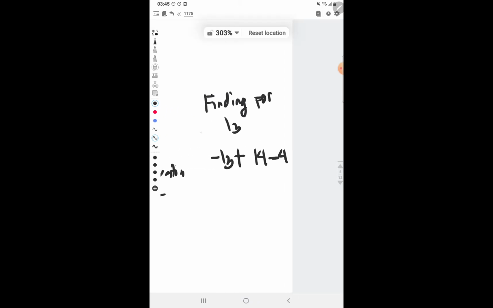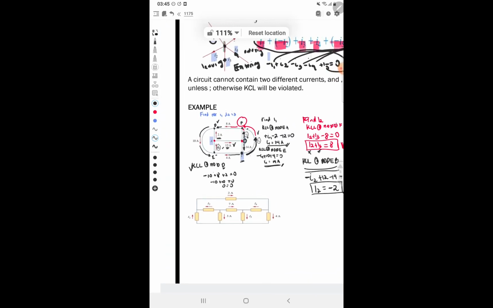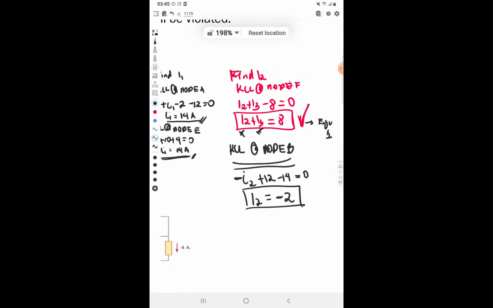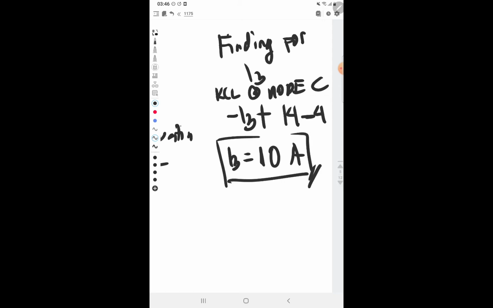Finding for I3, KCL at node C. Okay, so we have 14 less 4 is equal to my negative I3. So, therefore, my I3 is equal to positive 10 ampere. Okay, so this is my I3.